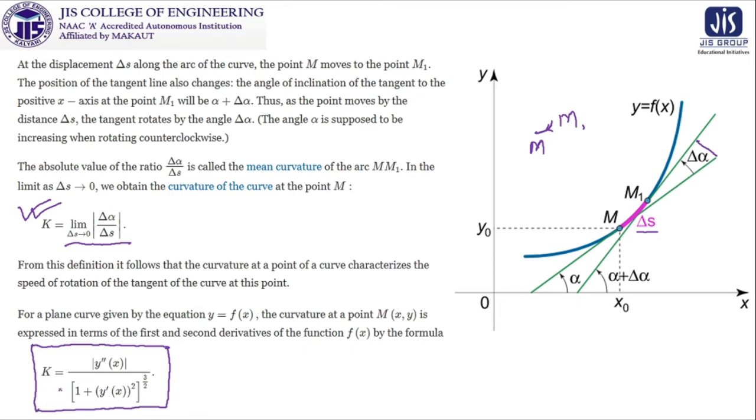So if you understood the curvature concept, then getting the value of k is not a tough job. It will be y double dash of x divided by, 1 plus y dash of x whole square, to the power 3 by 2. All these calculations can be done and we will show it in the examples.